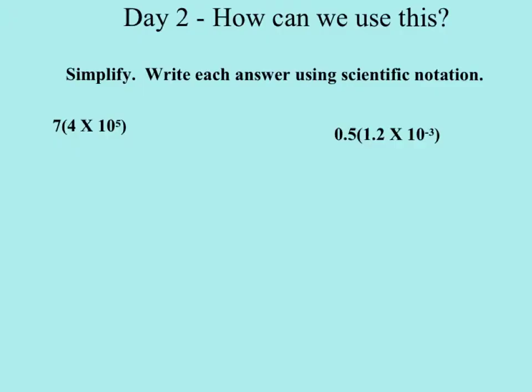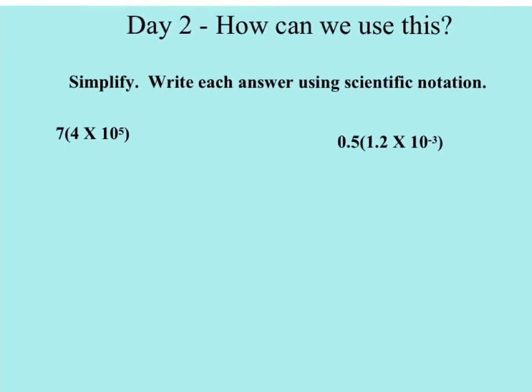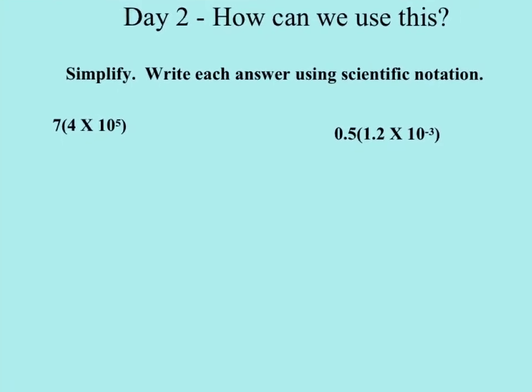So let's warm up from yesterday, and we're going to practice writing this number in scientific notation. So here's what we do. We can ignore the parentheses, because the exponent's inside, it's not outside. Let's do 7 multiplied to 4. 7 multiplied to 4 is 28, and now that's multiplied to 10 to the 5th power.